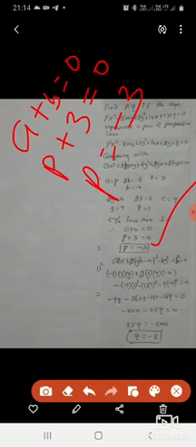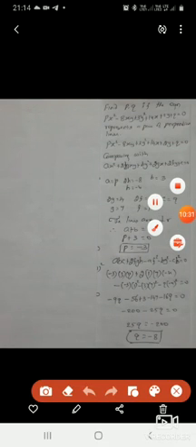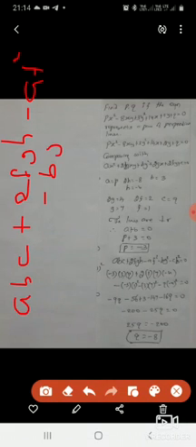Next, it is a pair of straight lines, so I should find the q value. This line represents a pair of straight lines, so we apply the condition ABC plus 2FGH minus AF square minus BG square minus CH square is equal to 0. This is a condition we know because it is a pair of straight lines.